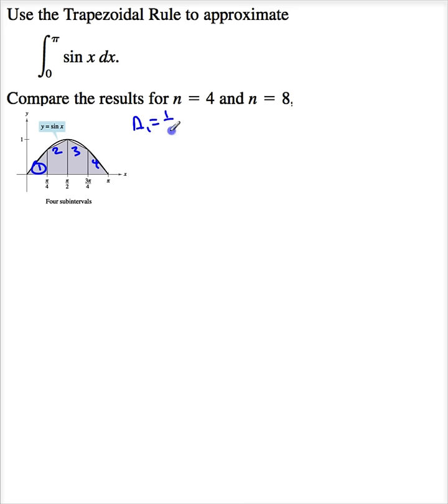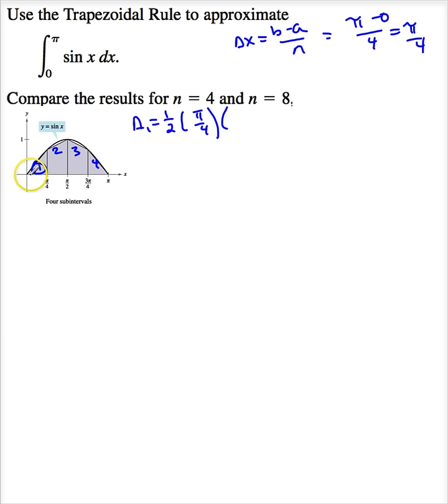Well, it's 1/2. Oh, I need to find my base, don't I? My delta x in this case is b minus a over n. N is 4. B is pi. Pi minus 0 over 4. So it's pi over 4. So this is 1/2. The base is pi over 4.